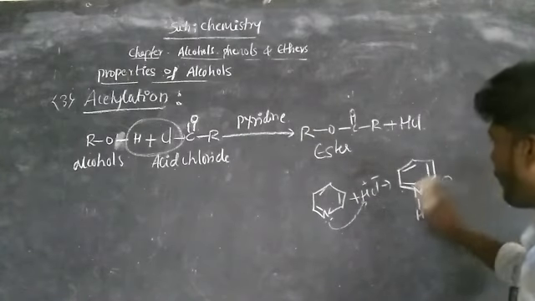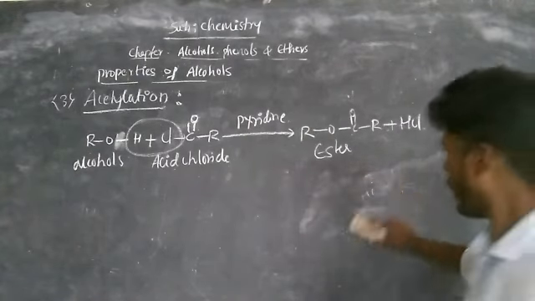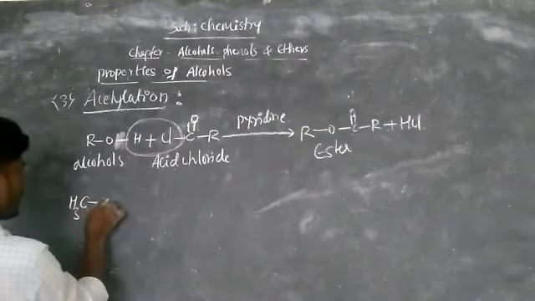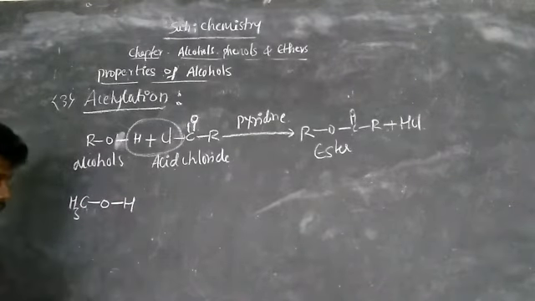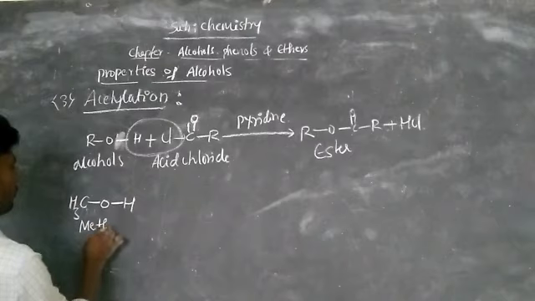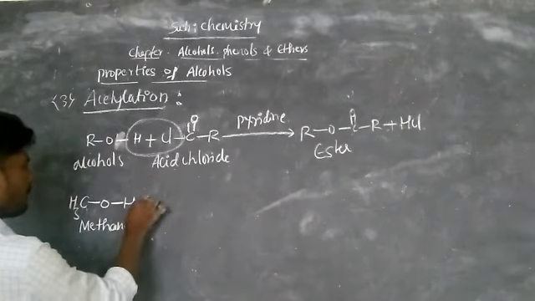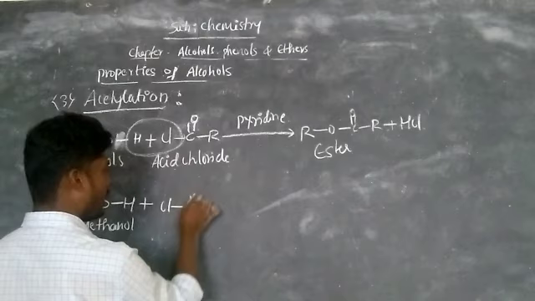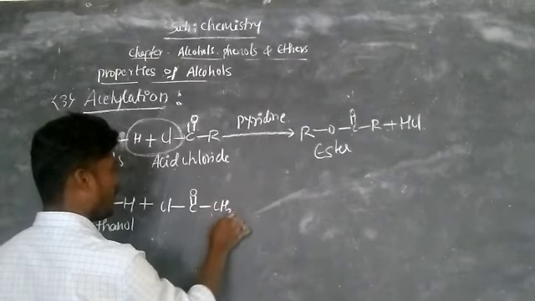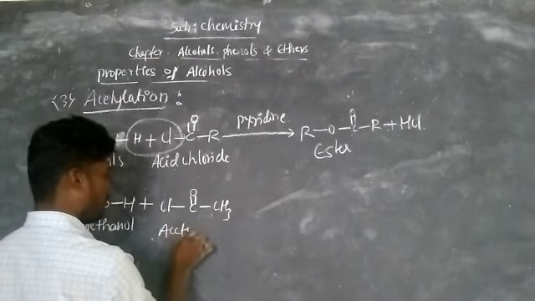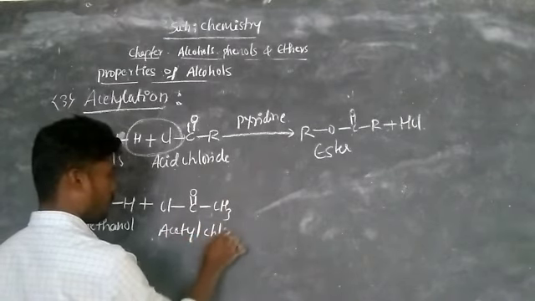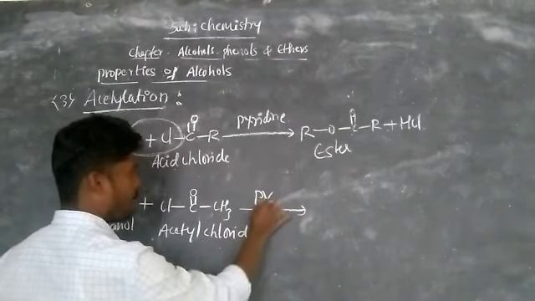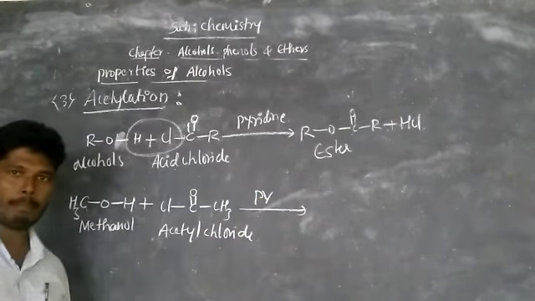Now, for example, take any alcohol. Take methanol, CH3O bond H, methanol. This methanol is treated with acetyl chloride, that is Cl bond C double bond O bond CH3, acetyl chloride, in presence of base pyridine. You can write Py, simply pyridine.